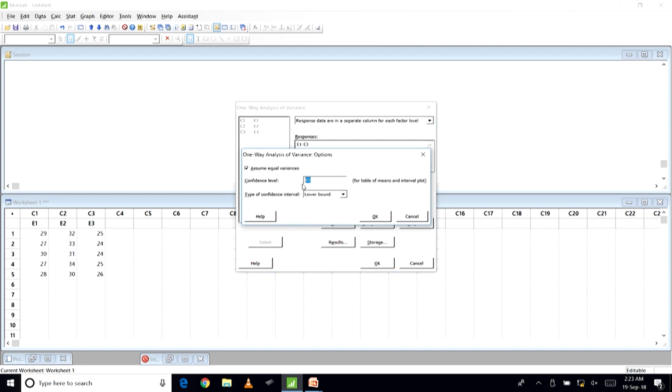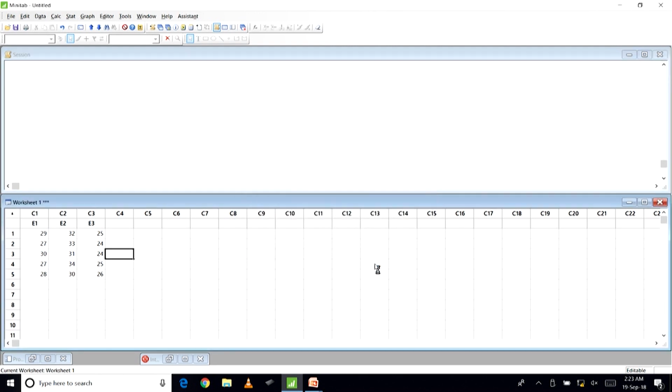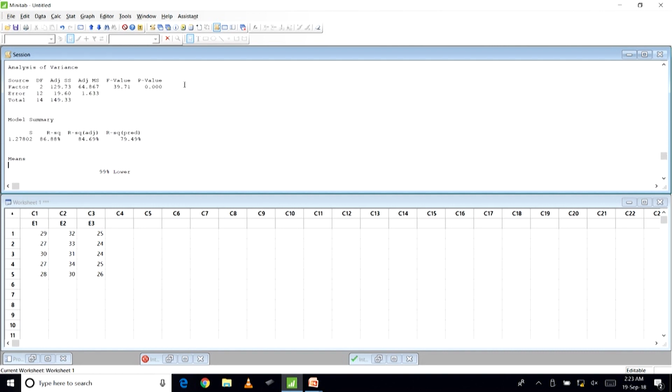Here it is 99%, right? Click OK, OK, OK. So look at ANOVA table, so which is here, right? So this what is our calculated value, F value is 39.71 and P value is 0. So P is less than alpha, so we will reject null hypothesis.